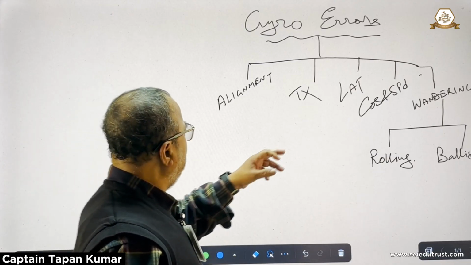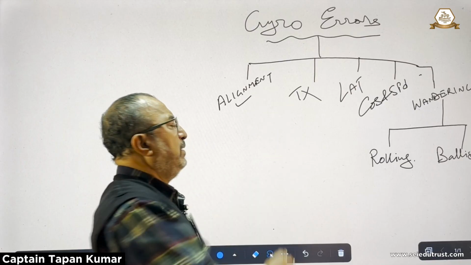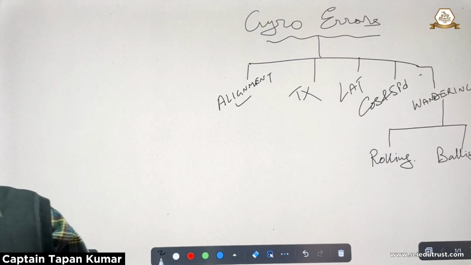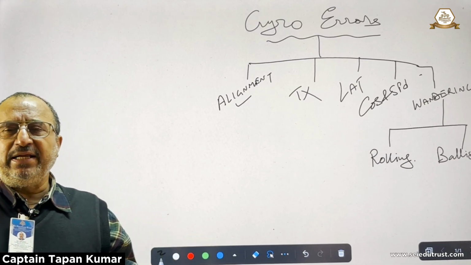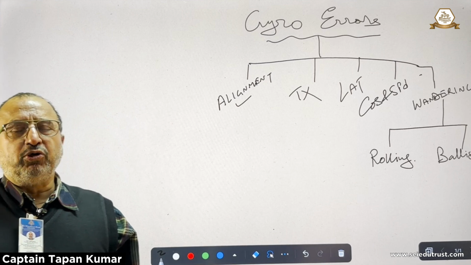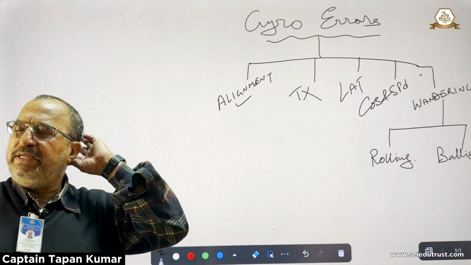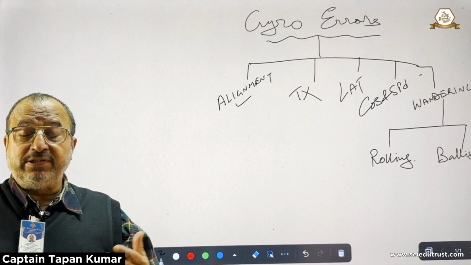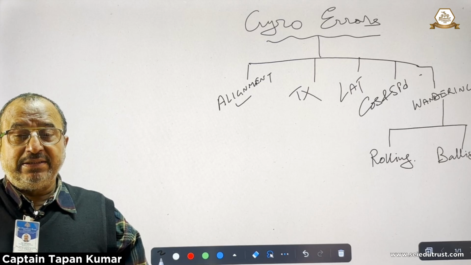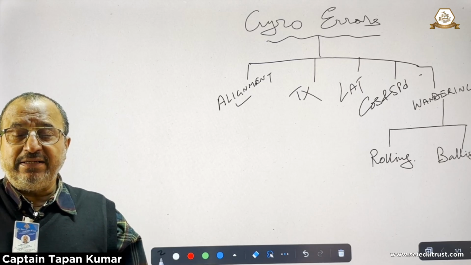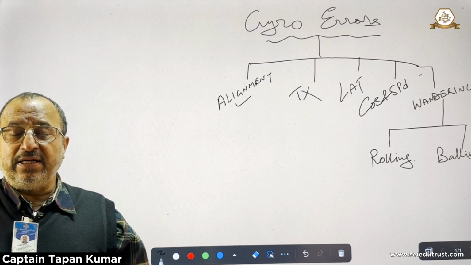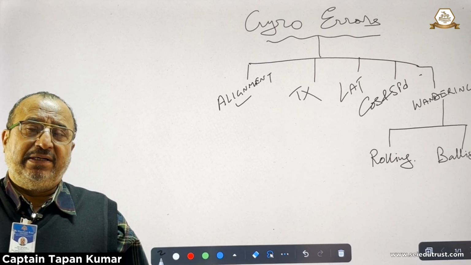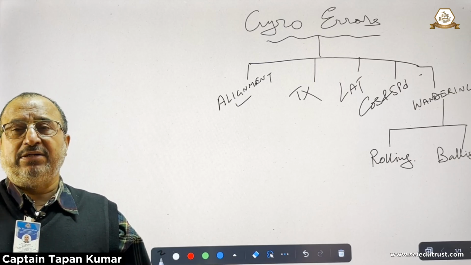Okay, the other one is the transmission error. See, where is the master gyro compass kept? That is below the steering panel. So the rest of the compasses being used, like the compass which is being used for steering purpose, or say the center line of the vessel, or say port and starboard side, these are all repeaters of the master gyro compass.